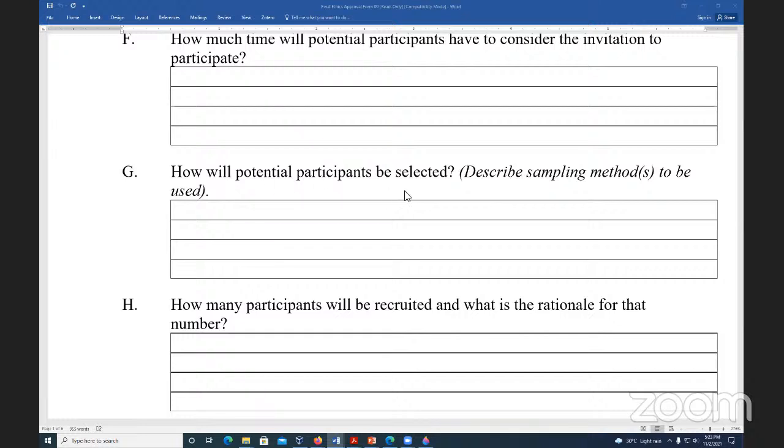So how many people, you will either be using the rules of thumb that we talked about in the class, or you'll be using, like, if it's a probability sampling technique, you'll be using, what am I trying to say?